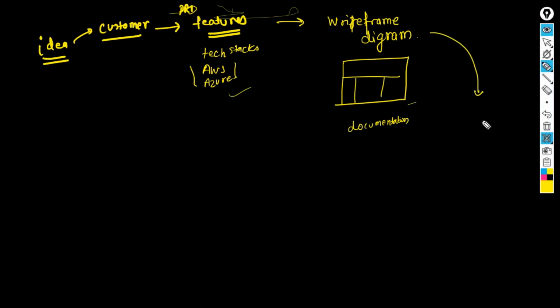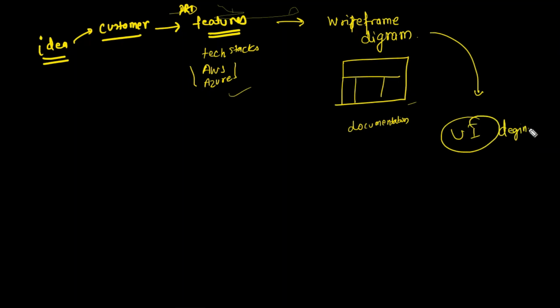After this, UI designs come. You will have a designer. They will design that UI. Colors, they will fill. Fonts, they will select. Logos, they will select. Everything will come over here.